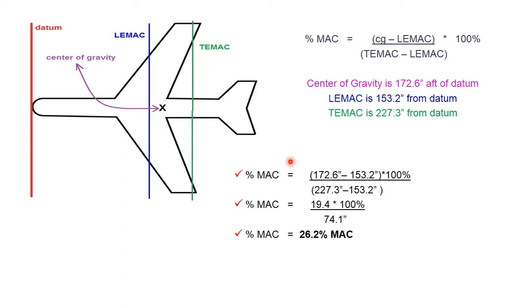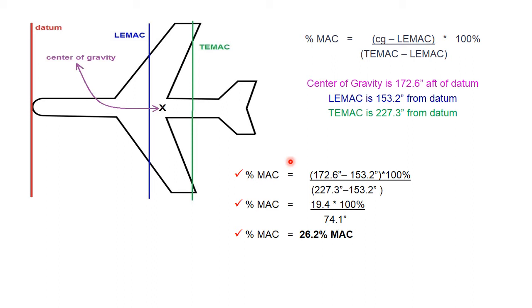First, plug these values into our formula and we get the percent of MAC equals 172.6 inches minus 153.2 inches times 100%, and this value divided by the difference between 227.3 inches and 153.2 inches.